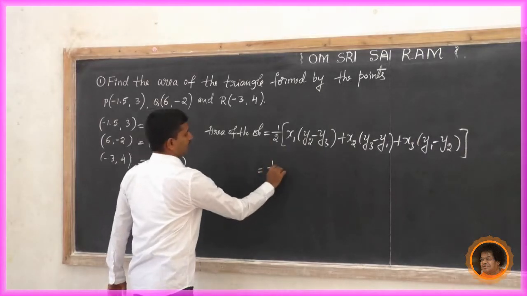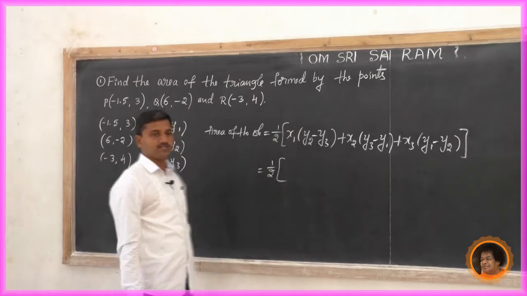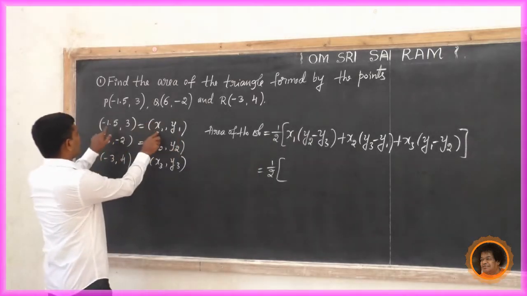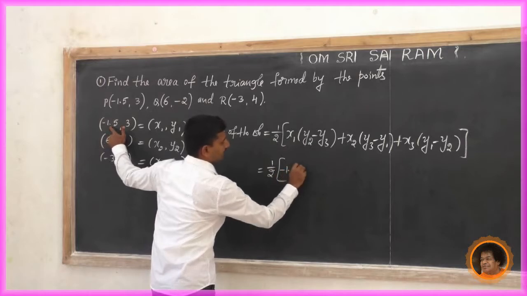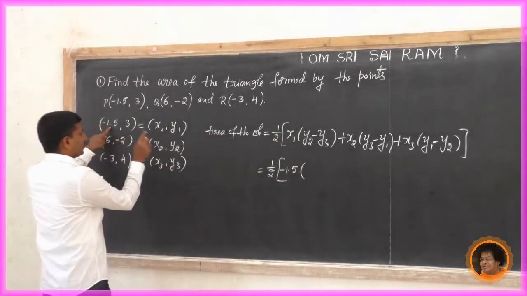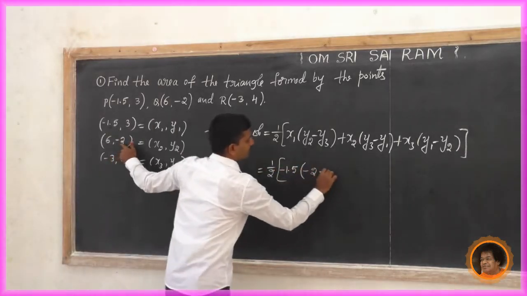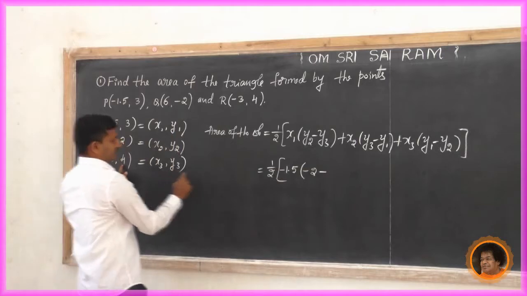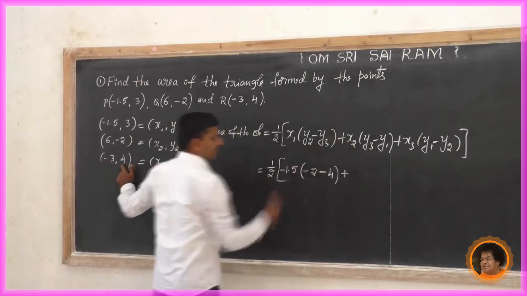Now substitute the values. Half into x1 into y2 minus y3. Here the value of x1 is minus 1.5 into y2 minus y3. Here the value of y2 is minus 2, minus y3 is 4, plus x2.